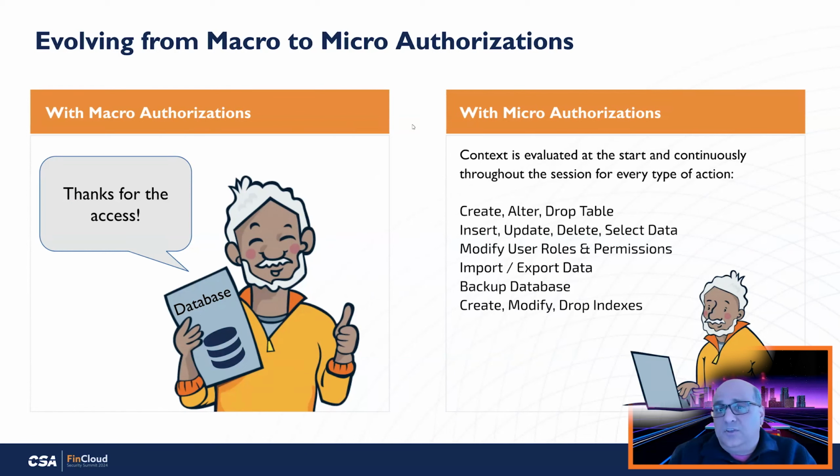So you may be able to do a read on a table, but you may not be able to do a drop on a table. You may not be able to update the table. These are all additional authorizations that are required, additional entitlements that are required before you can proceed.